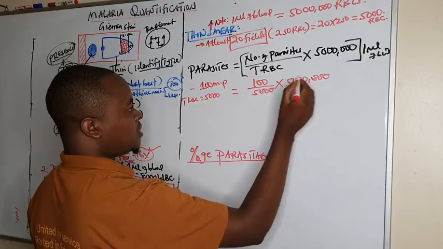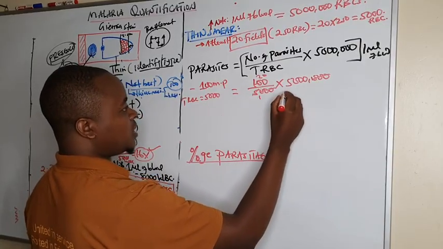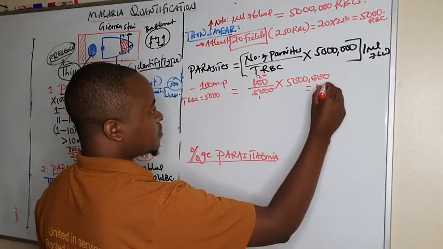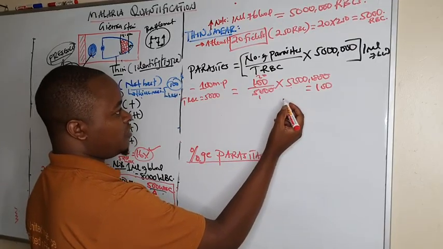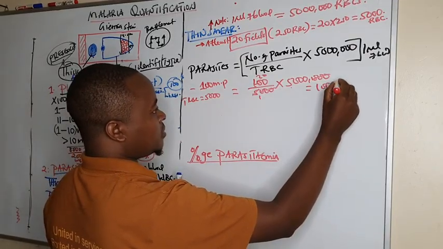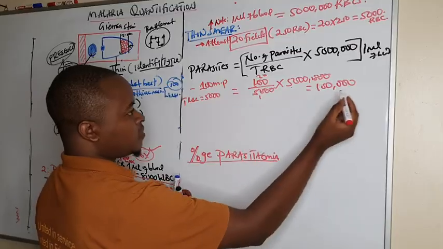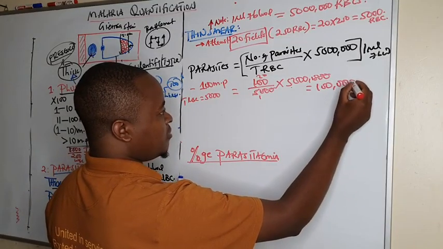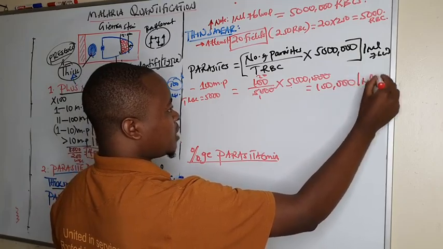These ones go with this, by 5, then this is 20. We end up getting 100, because 20 times 5 is 100,000. You get 100,000 parasites per microliter of blood.